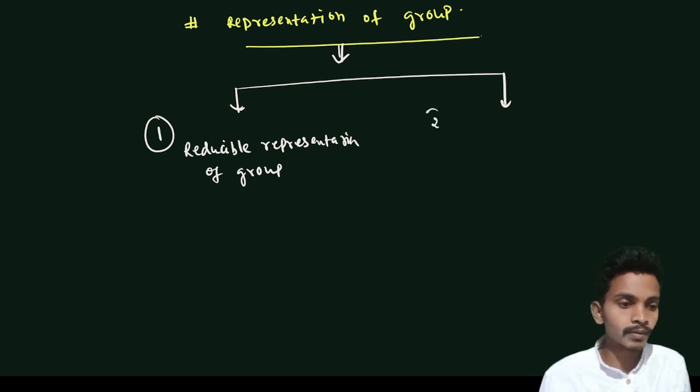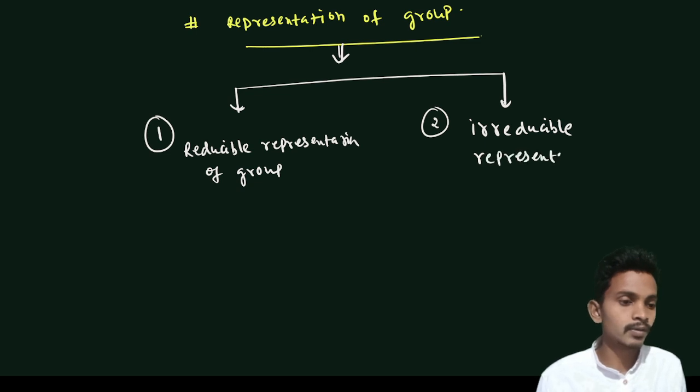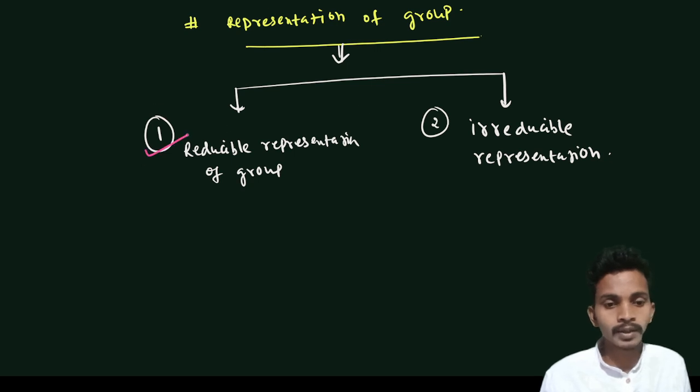And the second way is irreducible representations. We'll discuss one by one. Today class basically we will discuss only these reducible representations. In tomorrow's class we will discuss about irreducible representations.